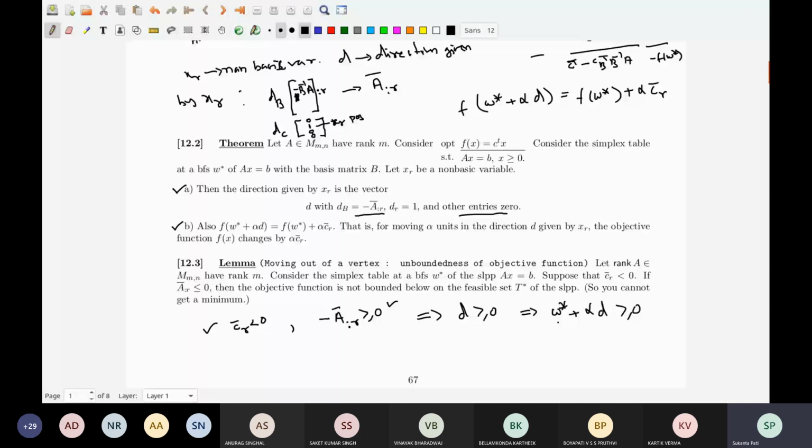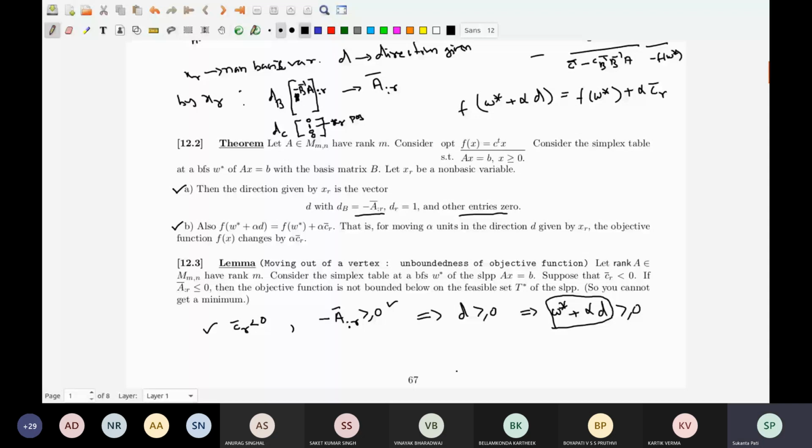So this point will always remain feasible. Starting from the vertex W star, a ray is available completely inside the feasible set, the ray that starts from W star and goes parallel to the direction of D.